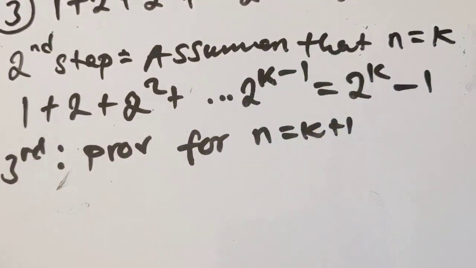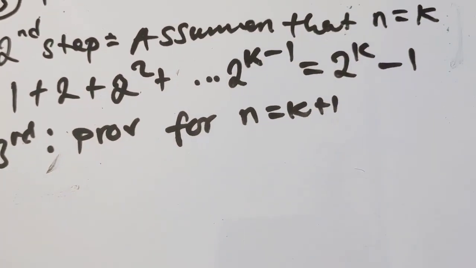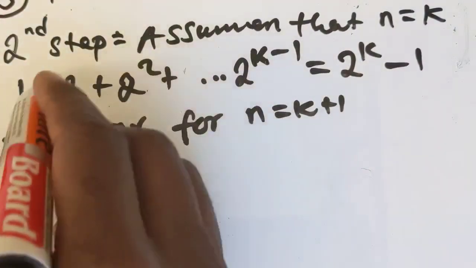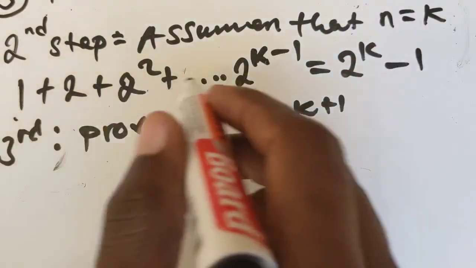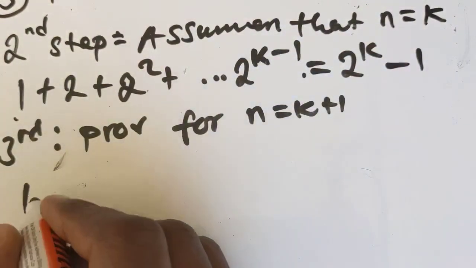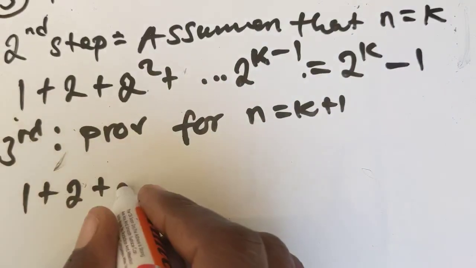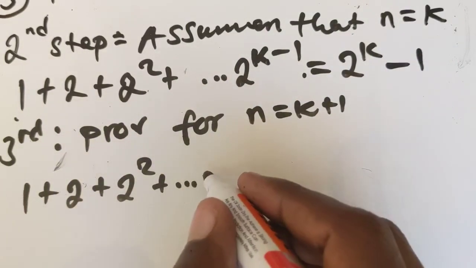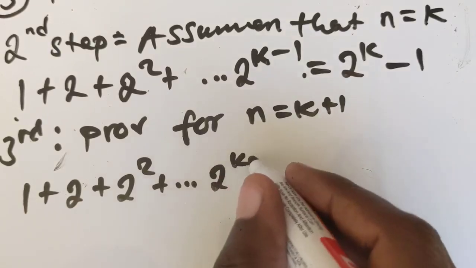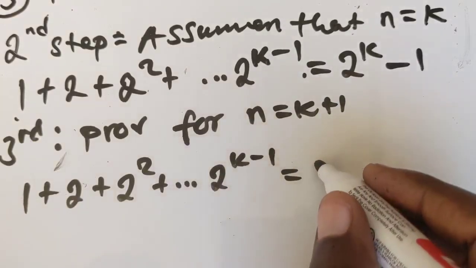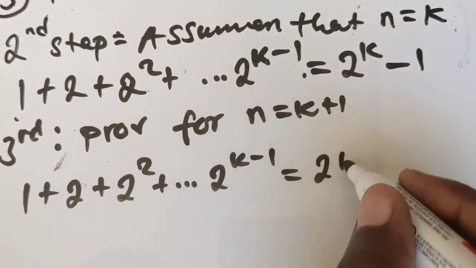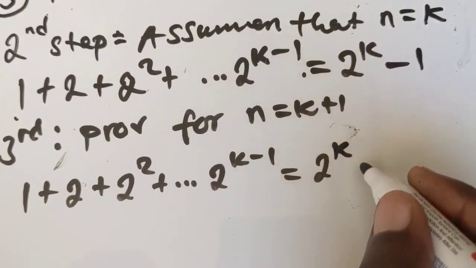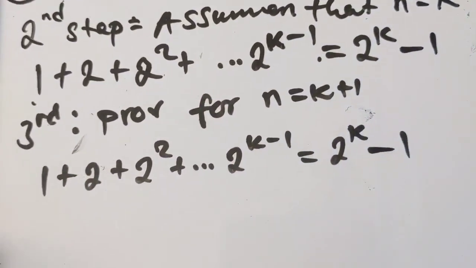You copy this one that you have assumed: 1 plus 2 plus 2 to the power 2 plus dot dot dot plus 2 to the power k minus 1 is equal to 2 to the power k minus 1.